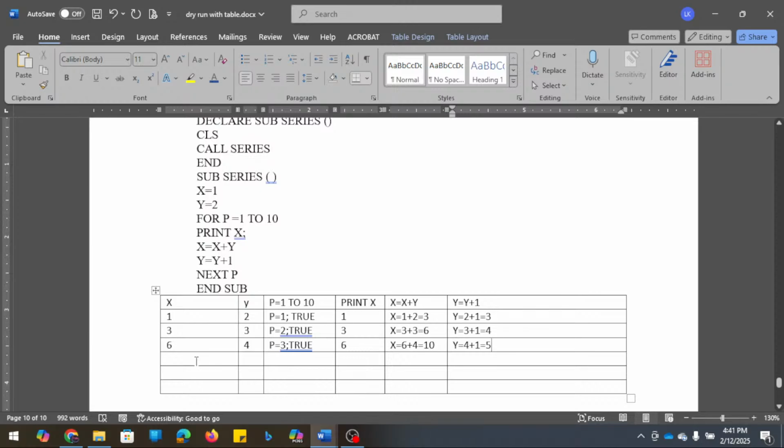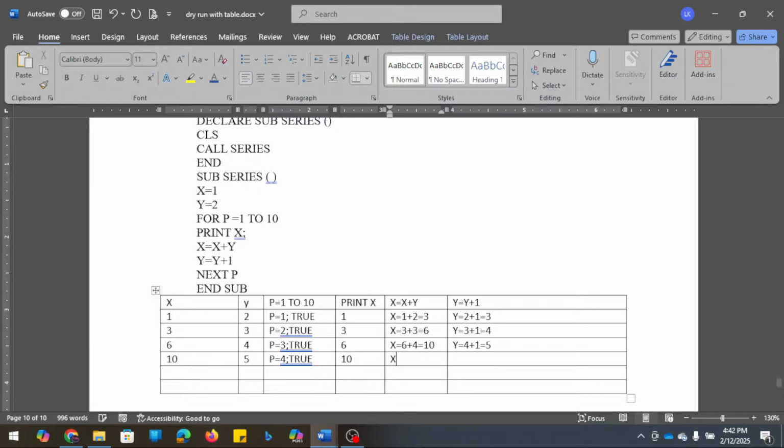Again the value of x changes here. What is x now? x is 10, so 10 comes here. y becomes 5. p becomes 4 after 3. Again true. So print x. x is 10, it prints 10 there.